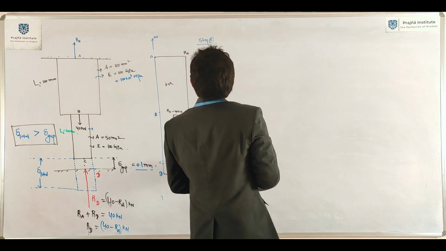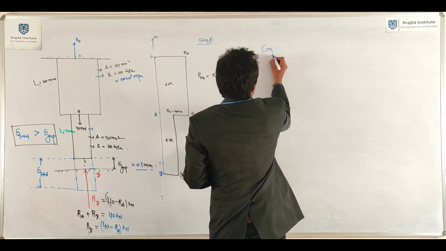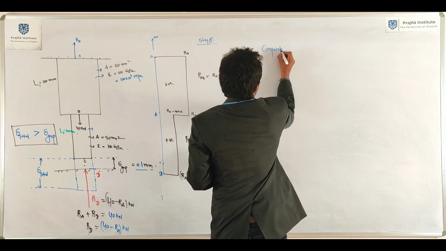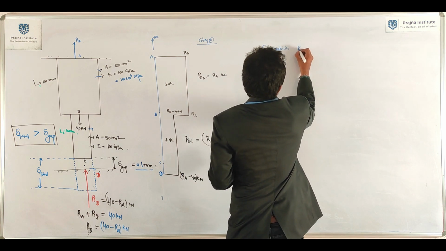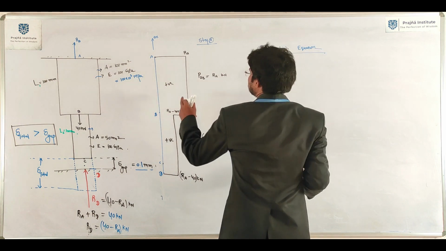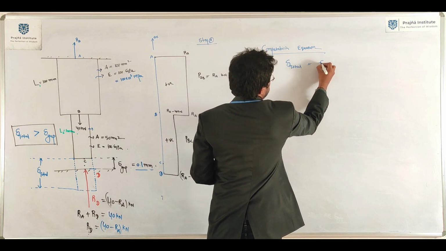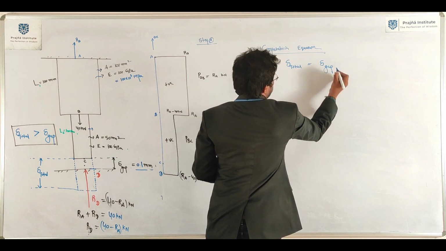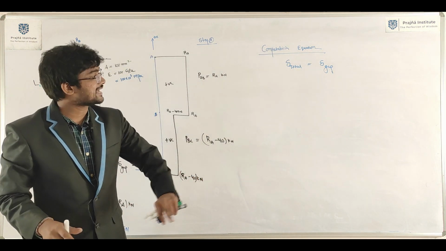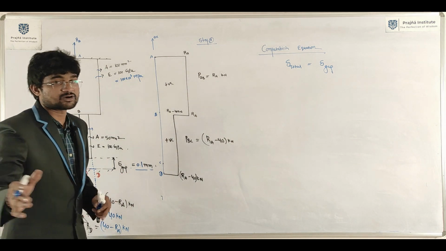Now, as step 2, we need to apply the compatibility equation. Compatibility equation in the sense delta total equals delta gap. That is the compatibility equation when delta gap is given in the question.